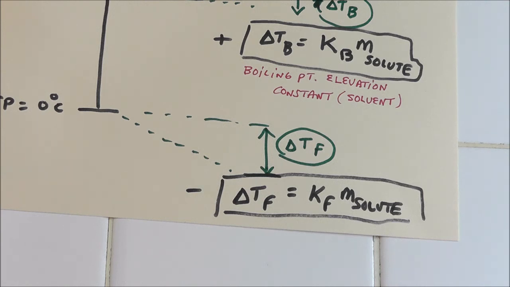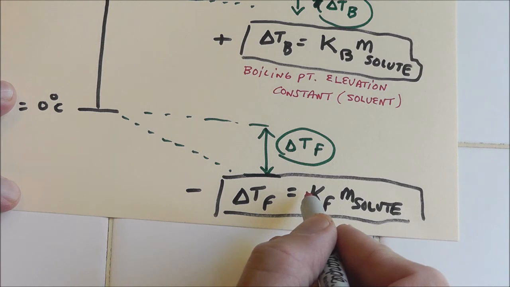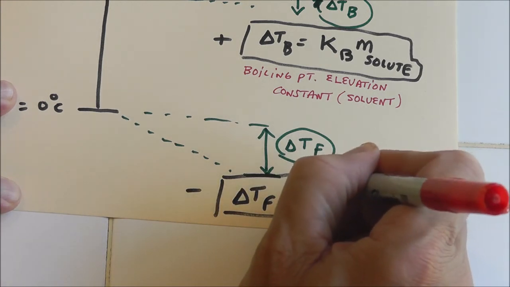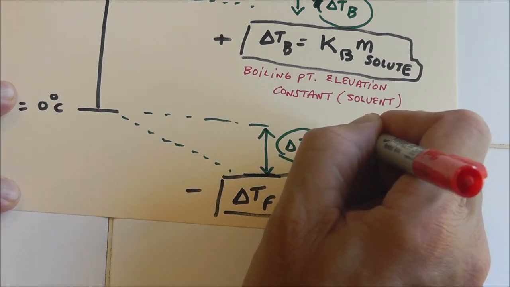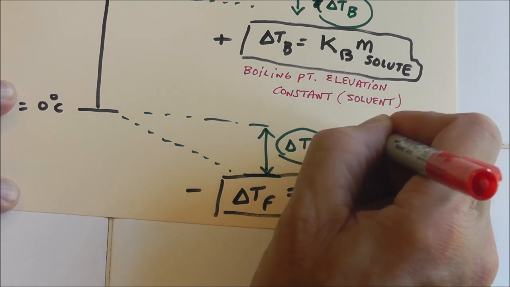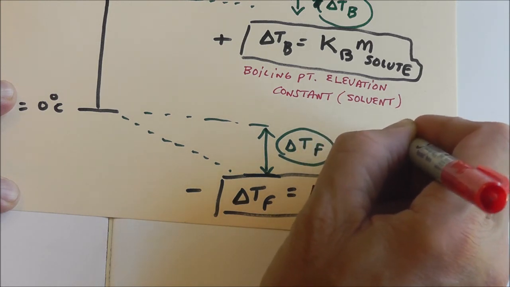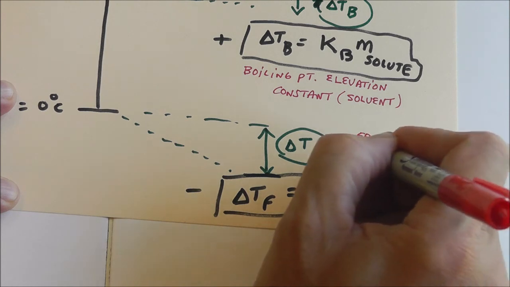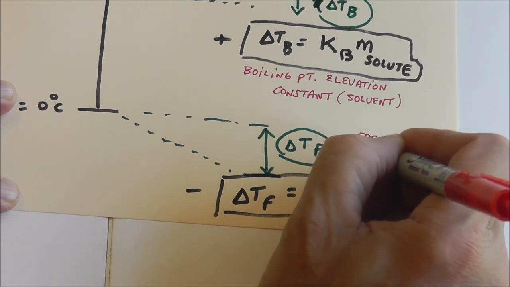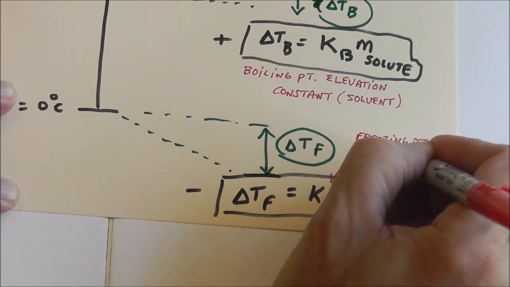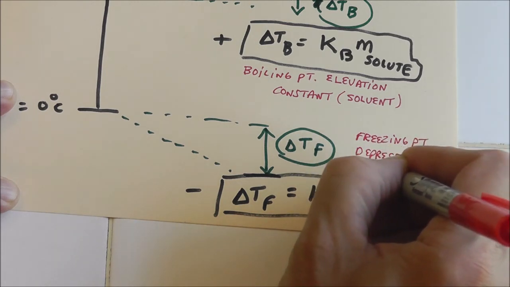Now, sometimes you'll see a negative sign in the equation, and sometimes you will see a negative sign in the constant. That would be called the freezing point depression constant.